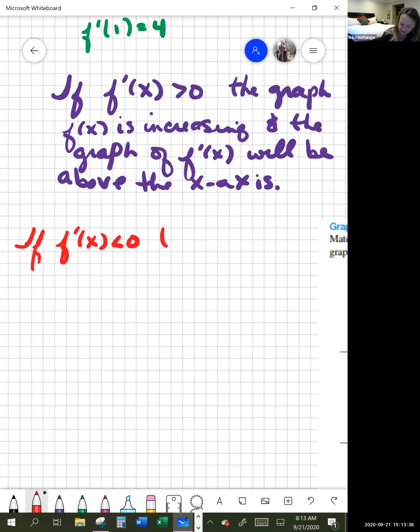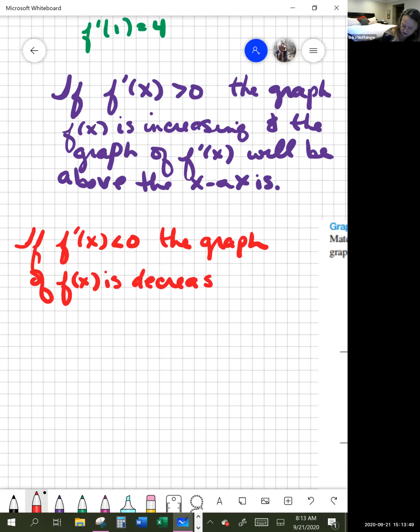So the graph of f of x is decreasing, and the graph of the derivative f prime of x is below the x-axis.